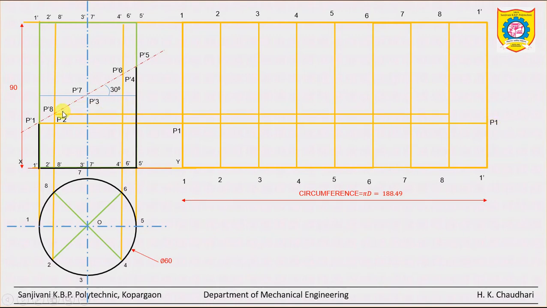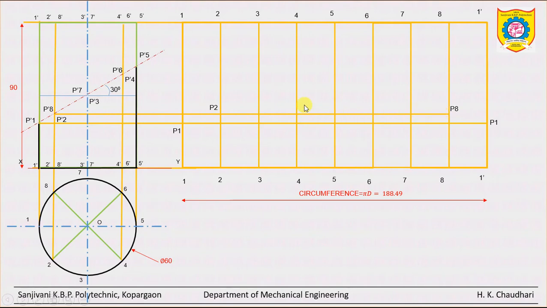Now draw the second horizontal projection from P2. We can locate point P2 on this second generator, and the same is for P8. So on division number 8 on this generator we can locate the P8 point.